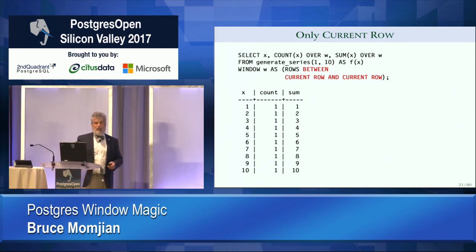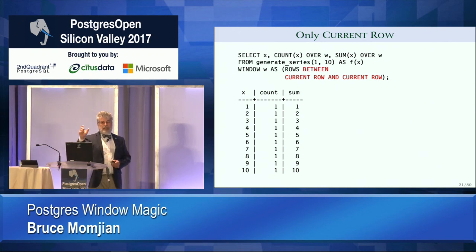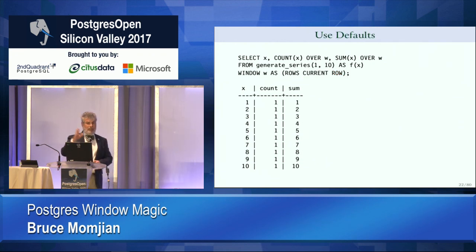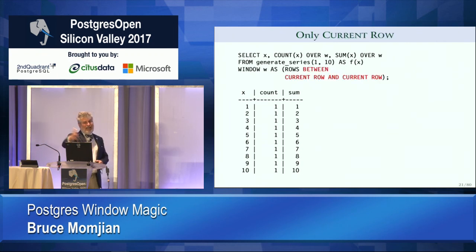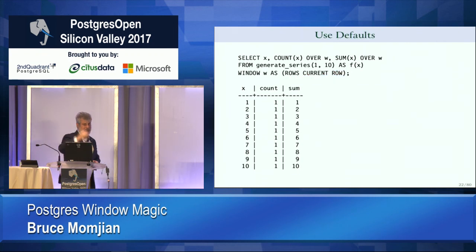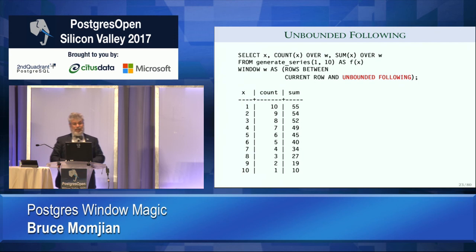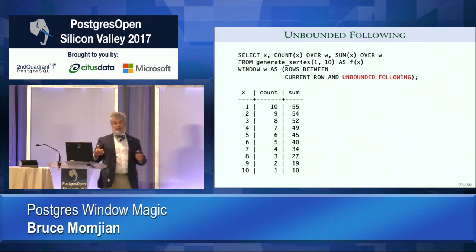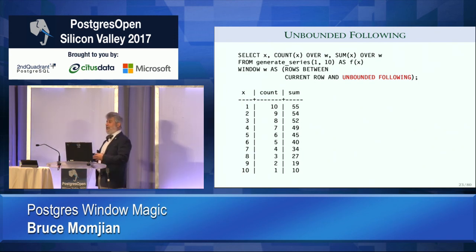useless, right? But you can kind of see if I did this in range mode, I wouldn't get this result at all. And again, I could just use the defaults. I could just say rows current row, because current row is the default, so I get the same result. I can do something different. I can say rows between current row and unbounded following.